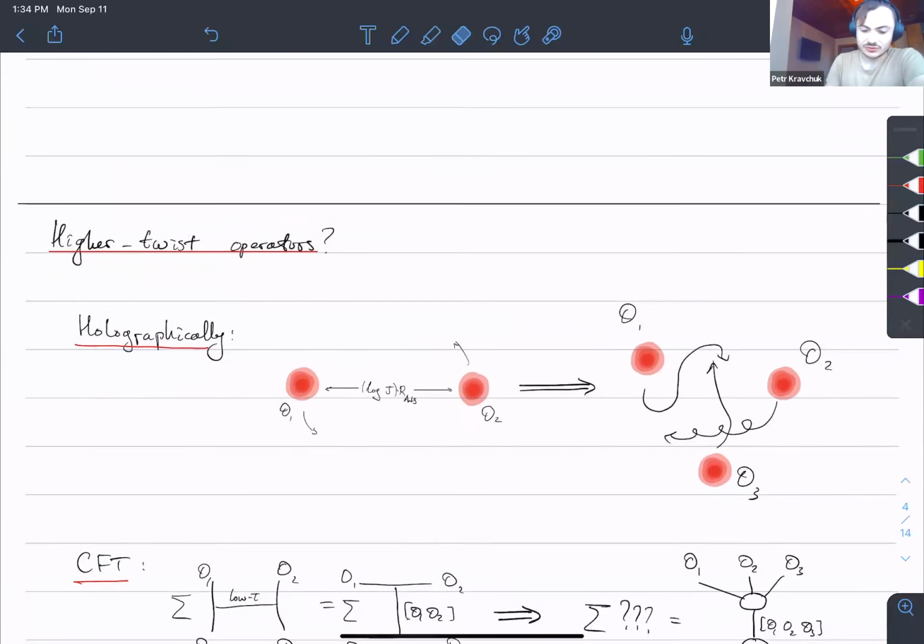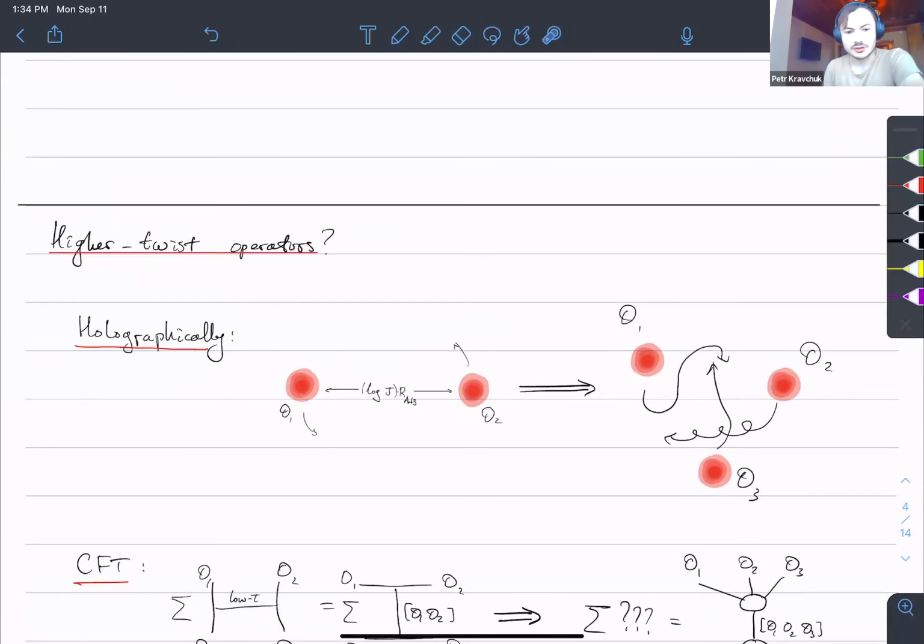I think a good illustration for this is to think about this problem holographically. When we had double twist trajectories, you just had a two body problem, two things flying around each other. And then you can imagine a generalization where you have a three body problem.